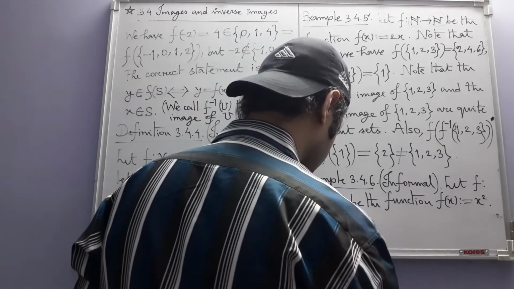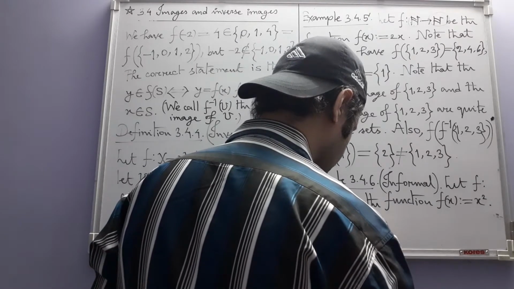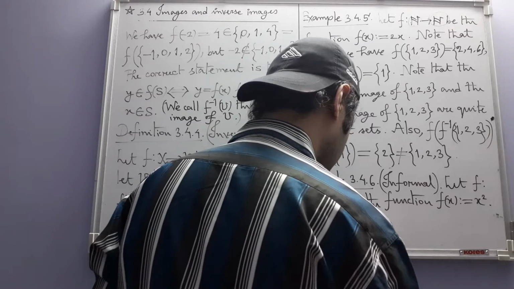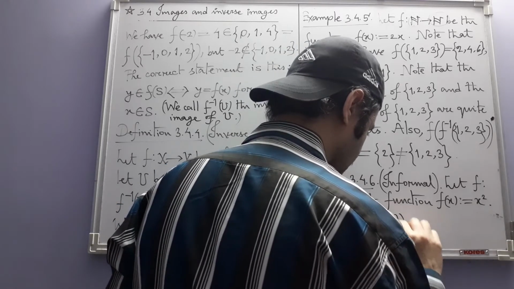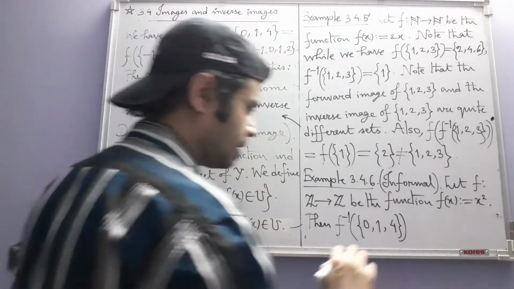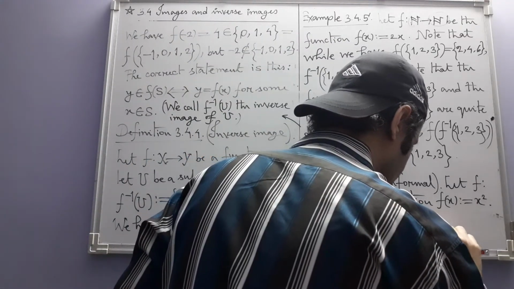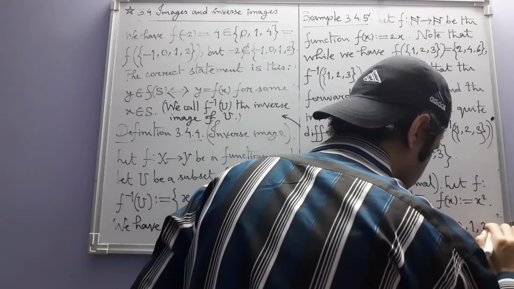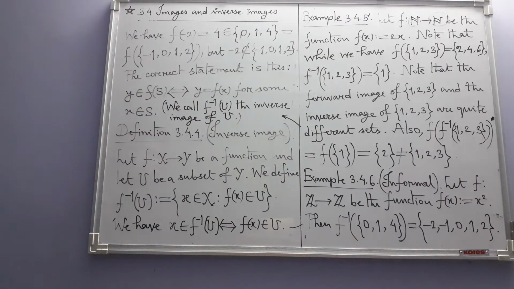Then f inverse of {0, 1, 4} turns out to be equal to this set. Why? How?